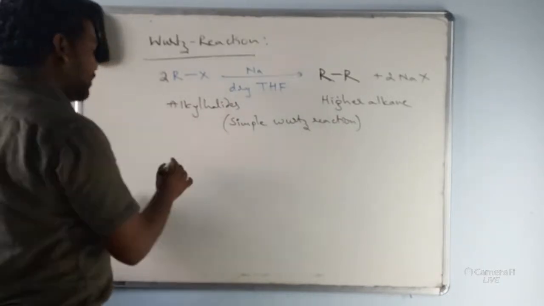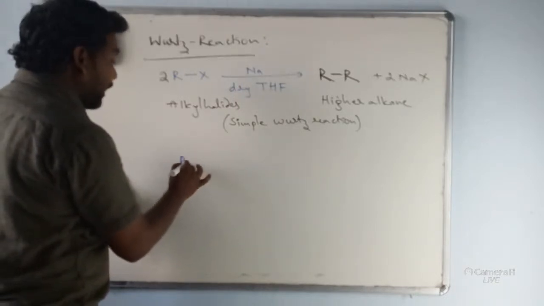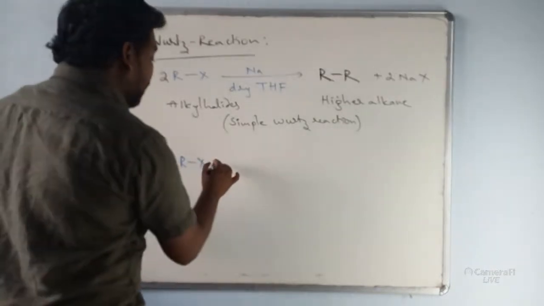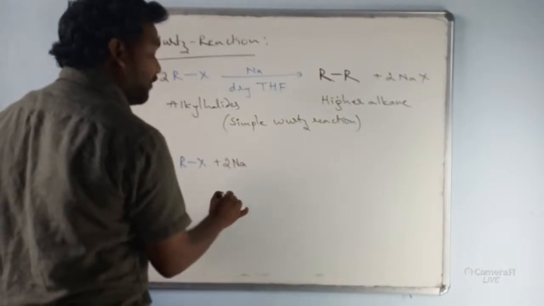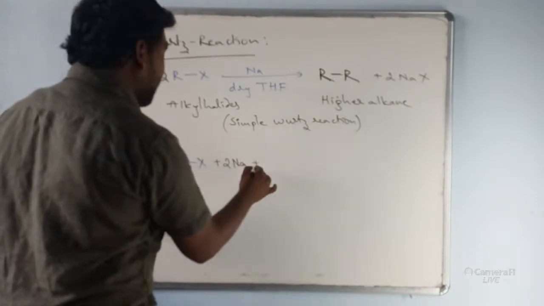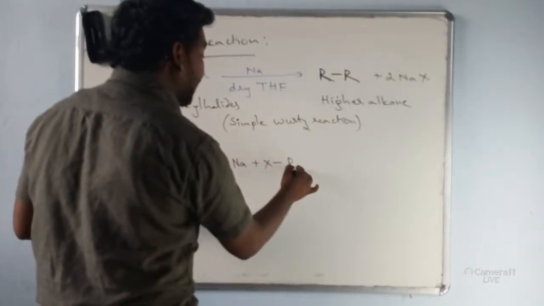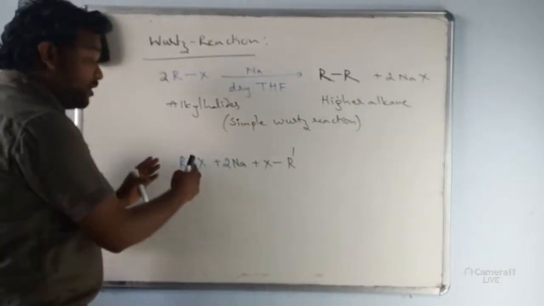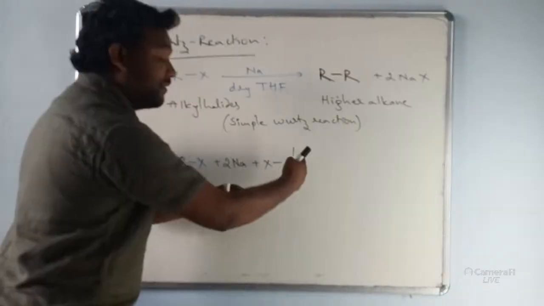Next, let me give you the other Wurtz reaction. Suppose you take one alkyl halide RX and react it with sodium. Here also two moles of sodium are involved in the reaction, with another alkyl halide, a different alkyl halide: R and R prime are different, not the same. Suppose this is an ethyl halide.